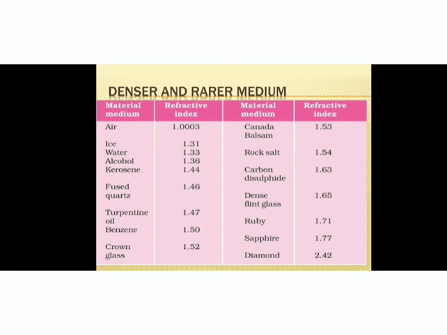Now can you connect between refractive index and velocity? Yeah, by looking at the values of refractive index, we can tell how fast the light ray is traveling through the medium. If it has a higher value of refractive index, then light will travel slowly through that medium because it is the denser one. But if the medium has a lower value of refractive index, light will travel faster through that medium because it is a rarer one.